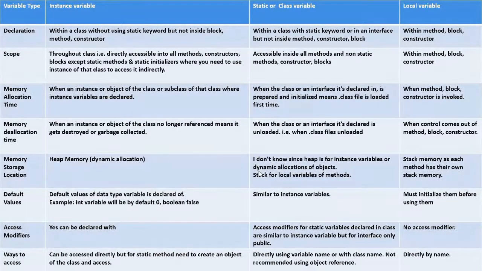Heap is for the instance variables or dynamic allocation of objects, and I know that stack is used for the local variables of a method, as each method will have its own stack, and the local variables get stacked over there. So if you know about this, just give me a comment down below.